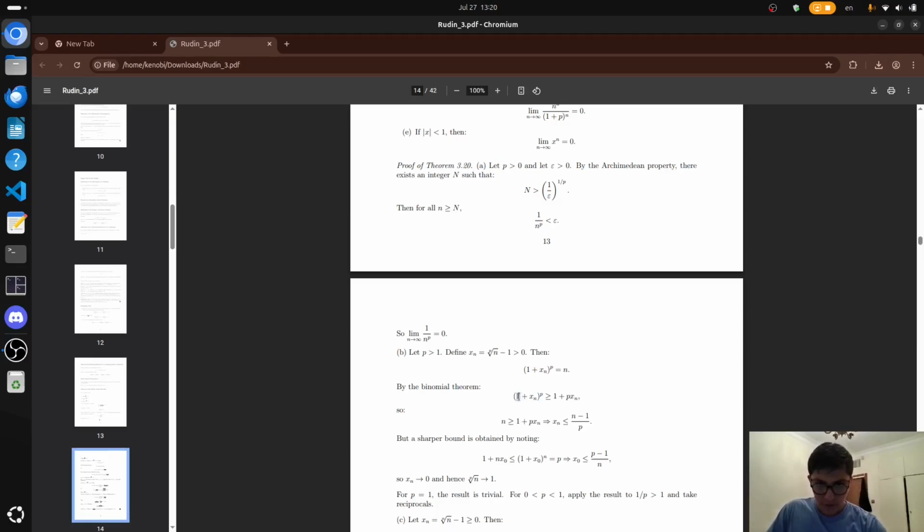So 1 plus xn to the n is greater than 1 plus n xn, because that's just one of the terms of the binomial theorem, right? Because there's more to the expansion.